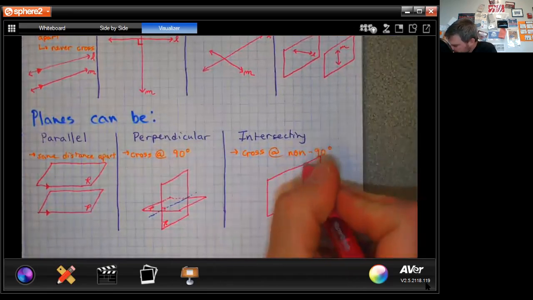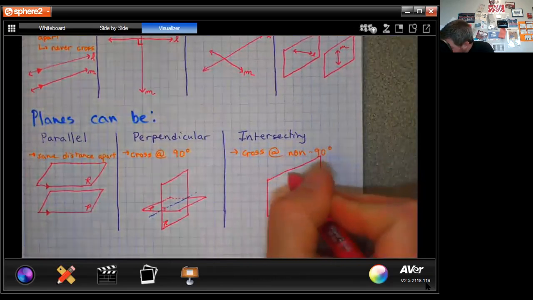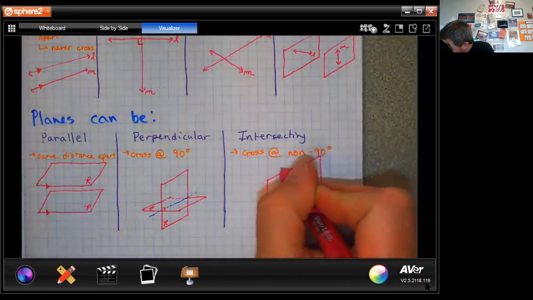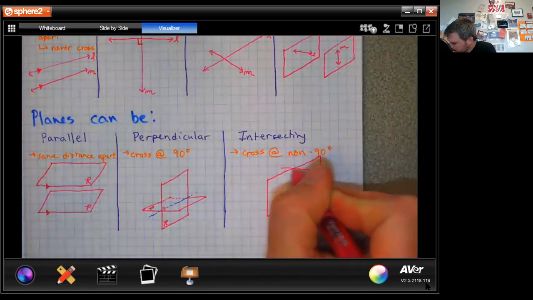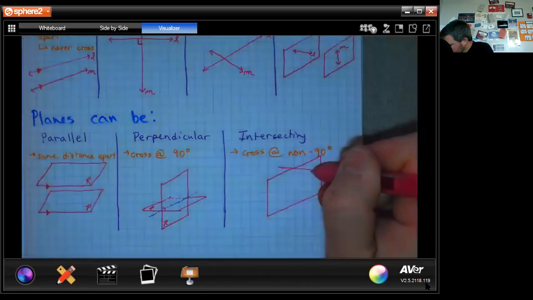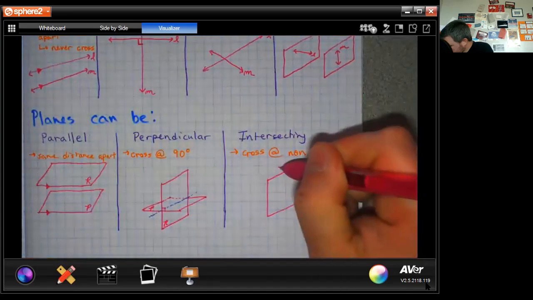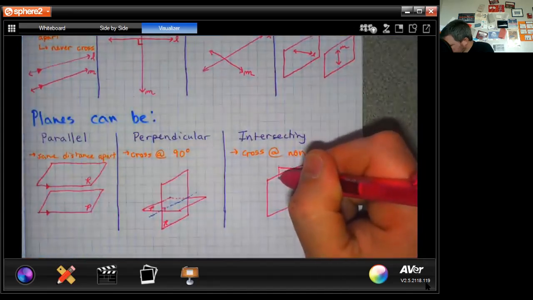So I'm going to draw some segment here, just like this. Those two lines intersect. Then I'm going to draw straight down. Straight down.